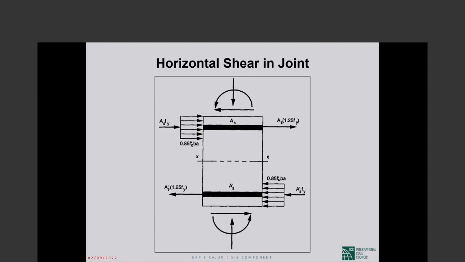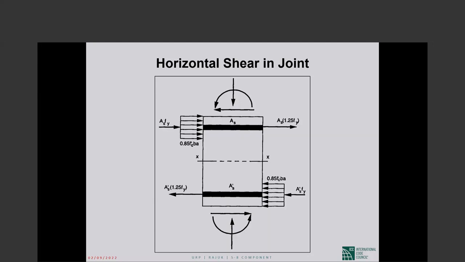You keep on adding transverse reinforcement, the shear strength of the joint simply doesn't go up anymore. So in view of that finding, the joint design of ACI 318 says you shall continue through the beam column joint the column end transverse reinforcement.